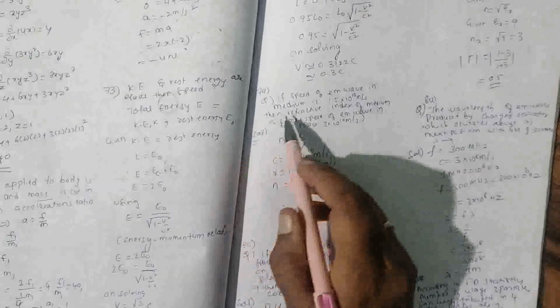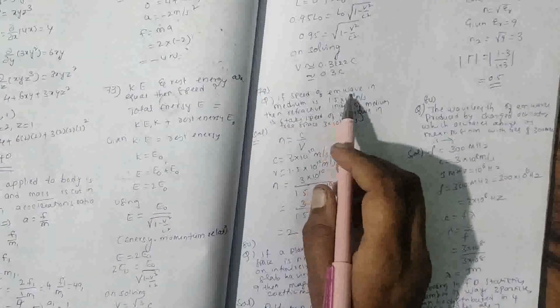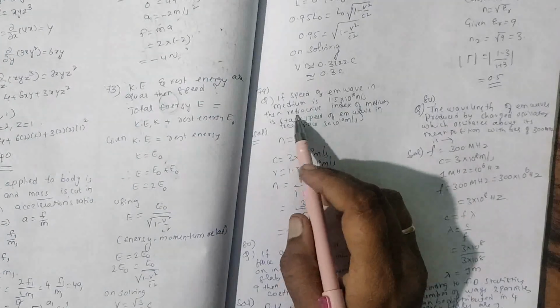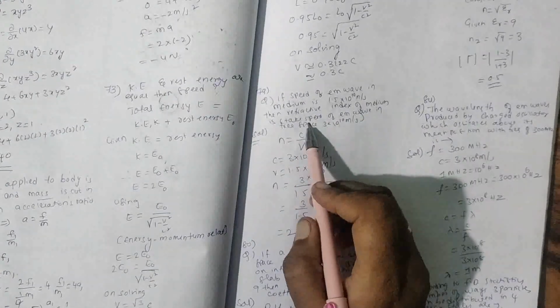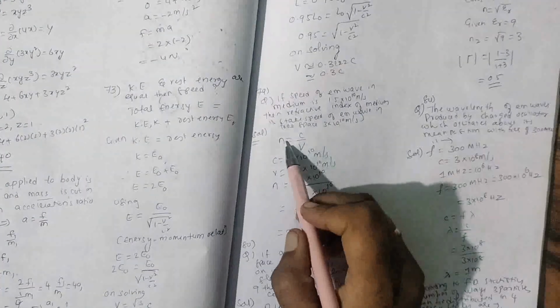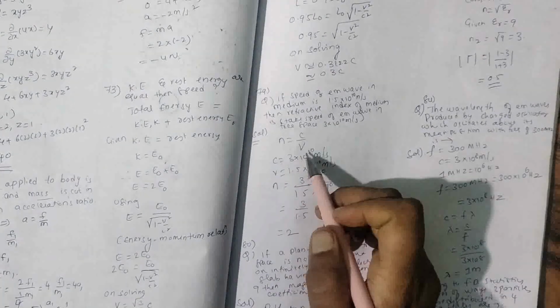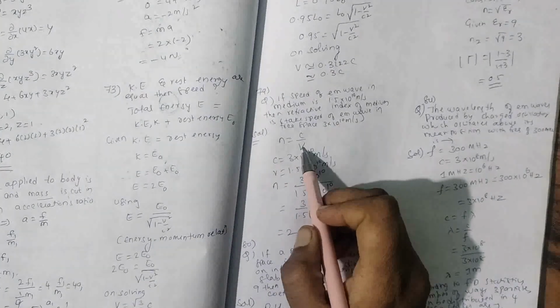Now next is 79th question. If the speed of electromagnetic wave in a medium is 1.5 into 10 to the power of 10 meter per second, then the refractive index of the medium? He is asking refractive index. The formula is speed of light in vacuum or free space by speed of light in medium.